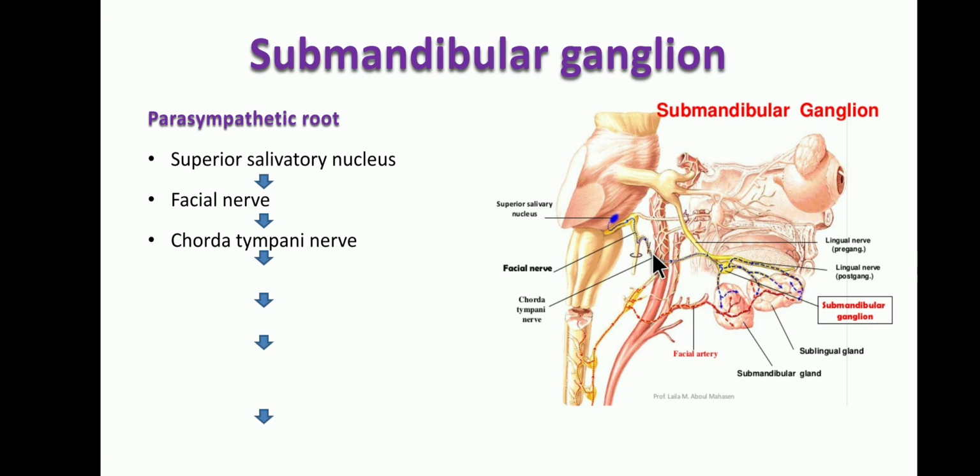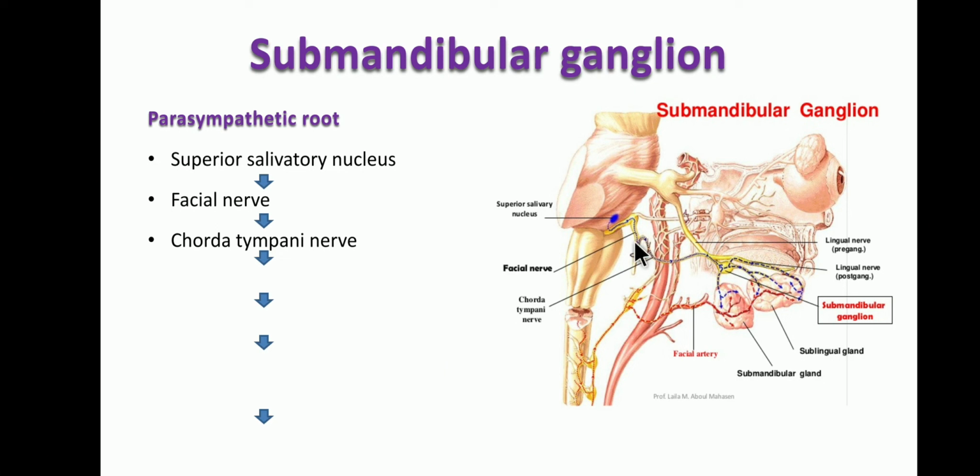The facial nerve emerges via the stylomastoid foramen. In the middle ear, within the facial canal, the facial nerve gives a branch called the chorda tympani nerve. Same way, the bend of the facial nerve, the genu, has a ganglion called the geniculate ganglion, from which the greater petrosal nerve is given.